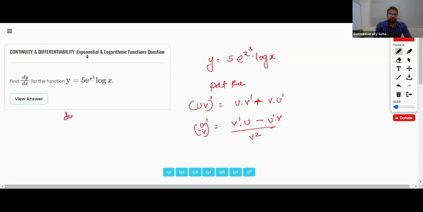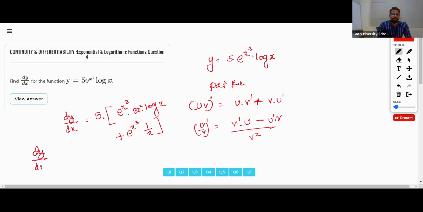So dy by dx is equal to, let's keep 5 outside. Let me first differentiate e power x cube into 3x square. Let's keep the log x as it is. Plus, now I'm not going to differentiate e power x cube, but I'm going to differentiate log x. After simplifying, 5 is anyway common, e power x cube is also common.